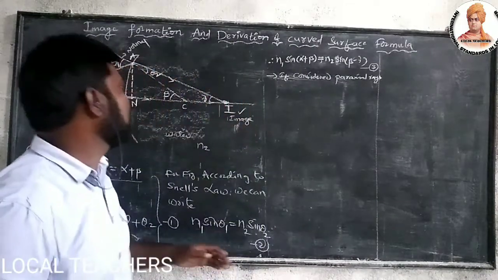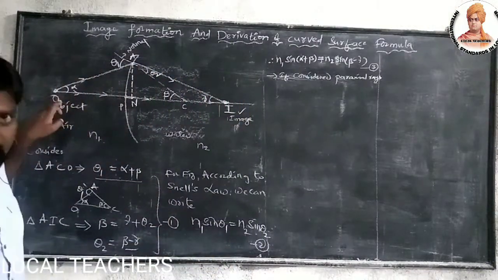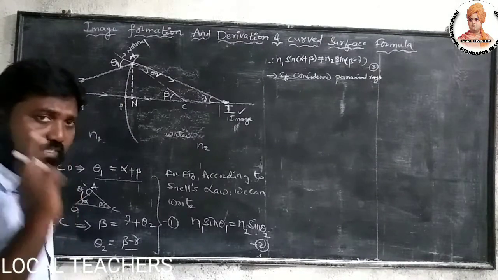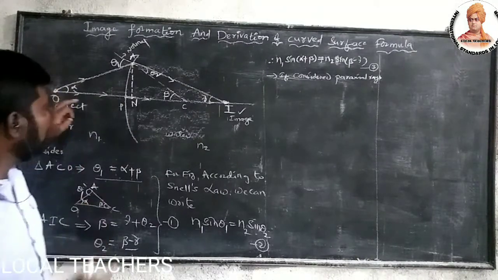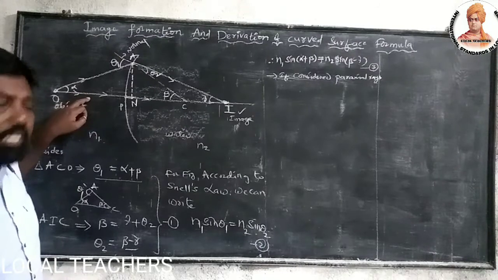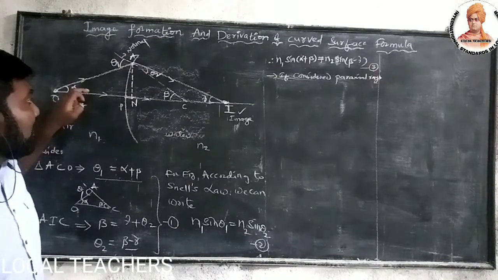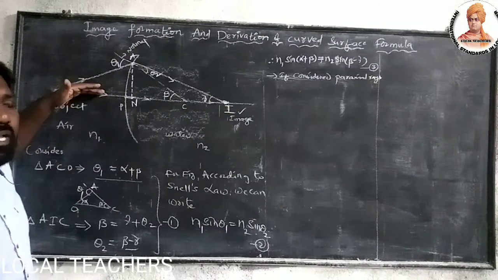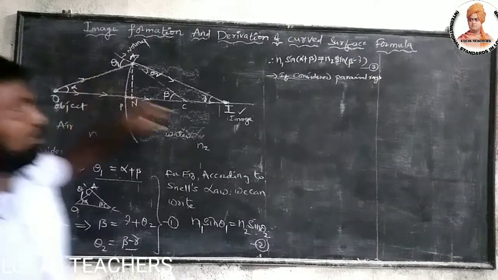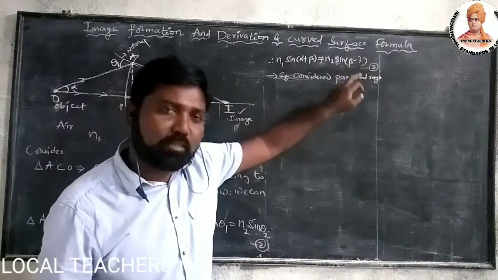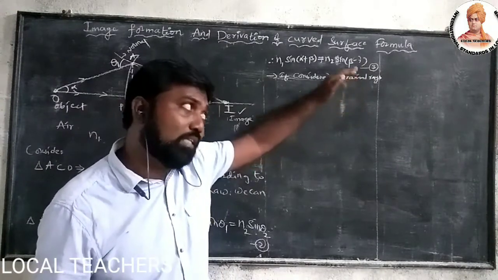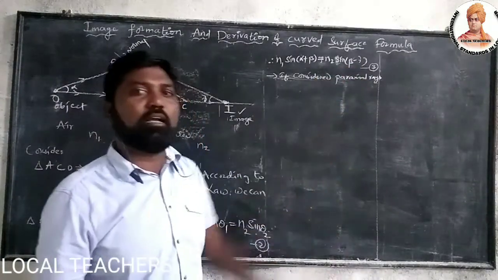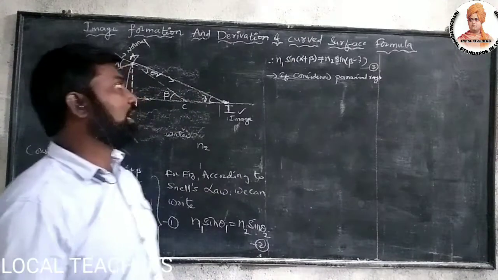Paraxial rays are the incident rays which are traveling parallel to the principal axis. So the parallel rays which are very near to the principal axis. Here paraxial means these are the parallel rays, but very near to the principal axis.